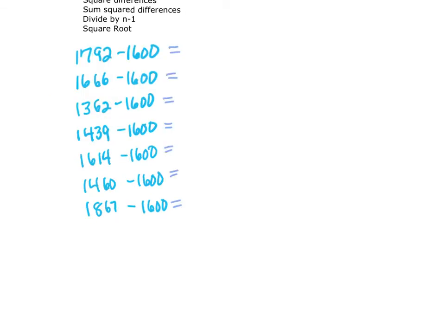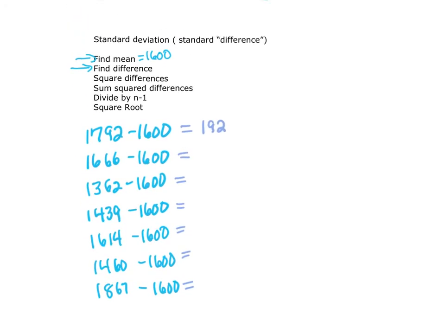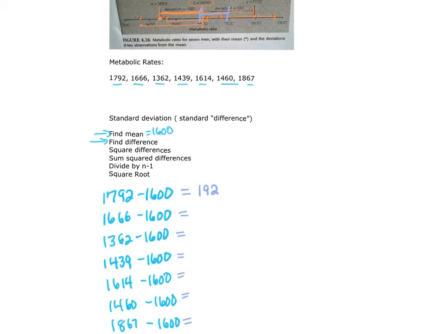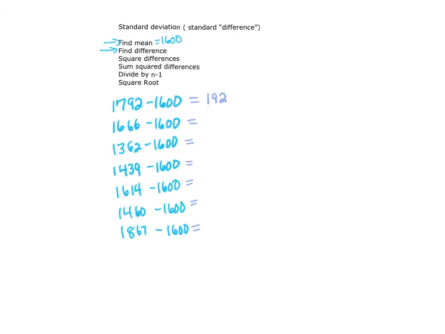All right, so here are my differences. I want to find these differences, and I find that the difference for this is a positive value. That means that this is a value to the right of the mean, if I'm getting a positive value. If I get a negative difference, then clearly that value is farther to the left or smaller than the mean.